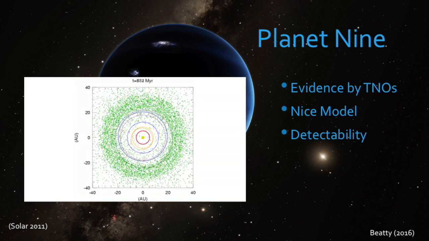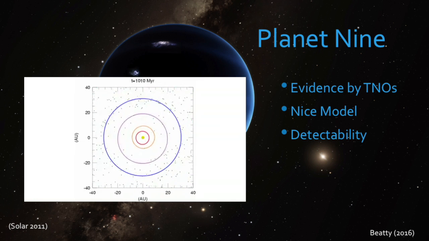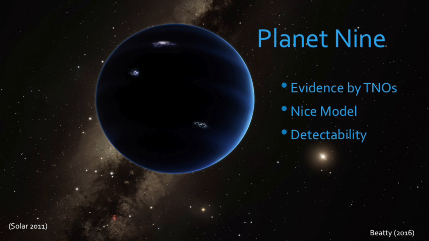Given the mass of the outer sednoids as well as their orbits, we can get a general idea of where the planet should be and what mass it should be at. The estimate given in the paper is between 5 and 20 Earth masses, as well as between 380 and 980 AU. Accounting for all of this, we would expect to find a detection of Planet 9 through visible means.